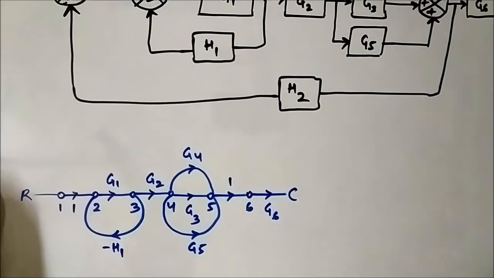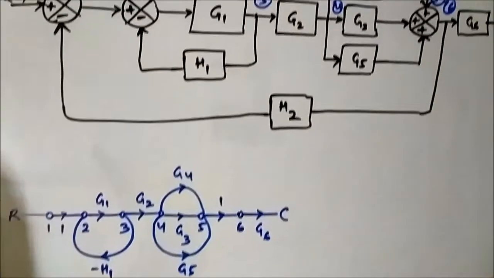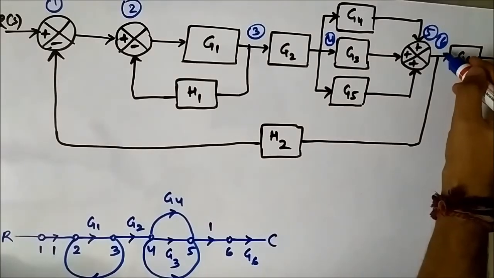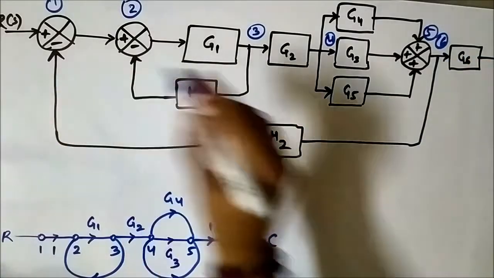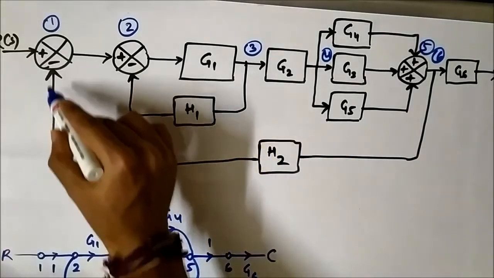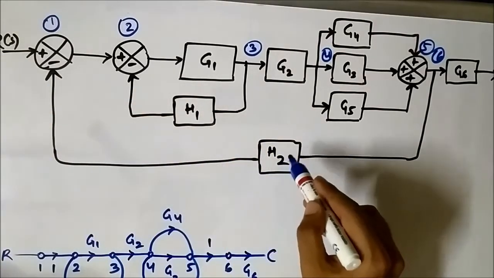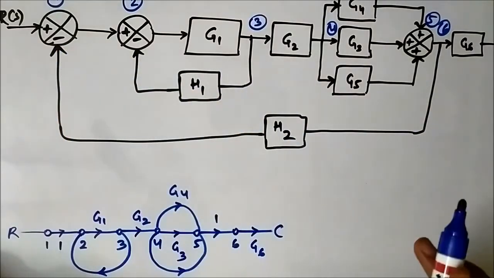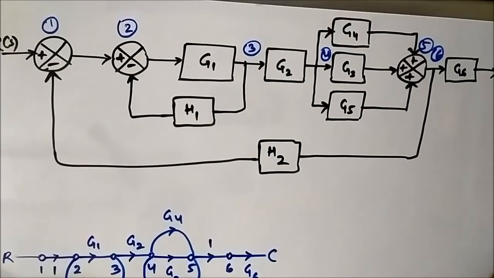Now, there is another feedback path. See, there is another feedback path between node number 6 and 1, a negative feedback path with gain H2. This minus sign in the summer means there is a negative feedback connection between node 6 and node 1.